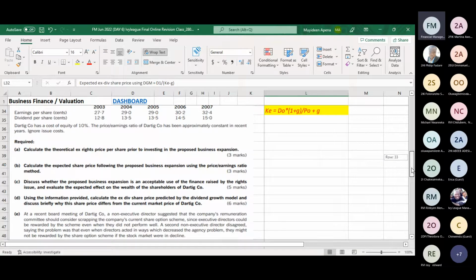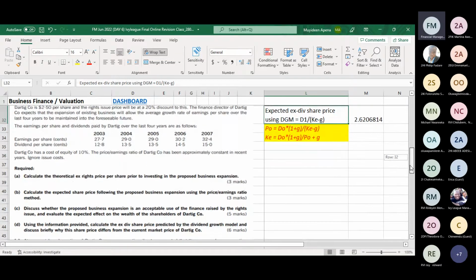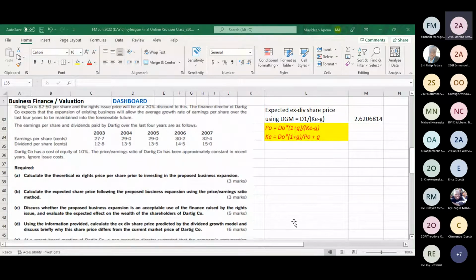But we are also asked to discuss briefly why this share price differs from the current market price of Datico. What's the current market price of Datico? 2.5. Okay, so why the difference? Why is it now different from 2.5?